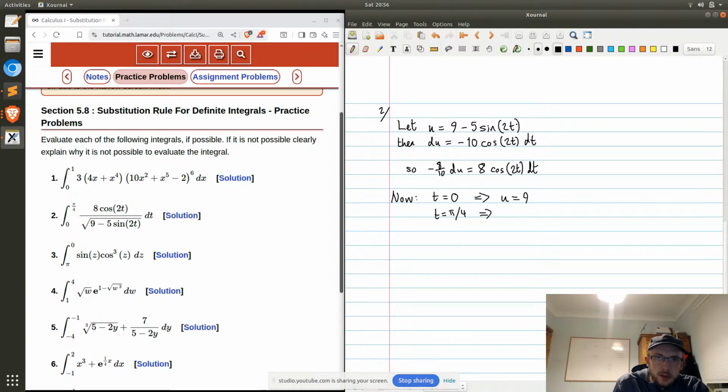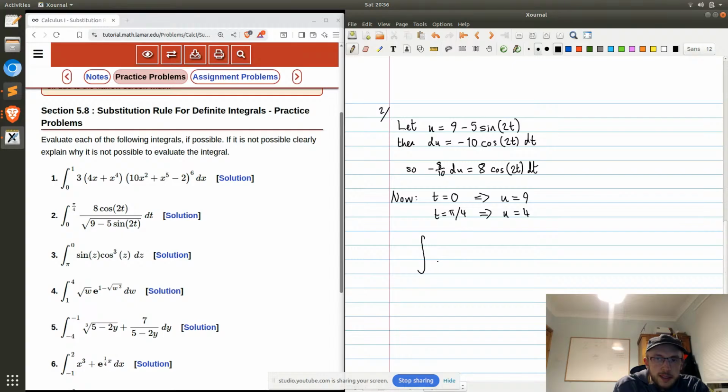So that's pi over 2, which is 90 degrees, if you like. And sine of 90 degrees is 1. And so 9 take 5 is 4. Like that. So, might be in trouble here because it appears that things aren't the right way around, right? Well, we'll see.